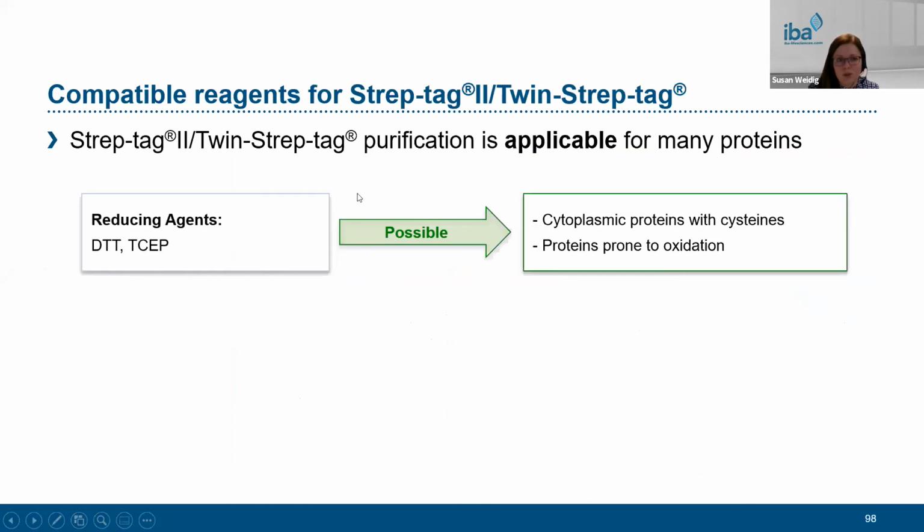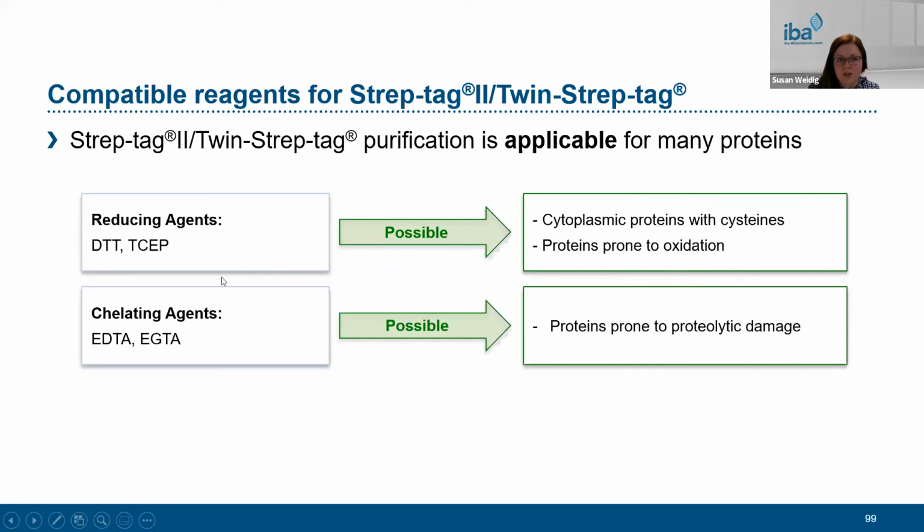Because if you have a cytoplasmic protein with cysteines, you can add reducing agents like DTT or TCEP, and you can protect your proteins from unnatural disulfide bonds. And if your protein is prone to oxidation, you can also add reducing agent, because the stability or the binding capacity of the twin strep tag resin or strep tag 2 resin is not influenced by reducing agents.